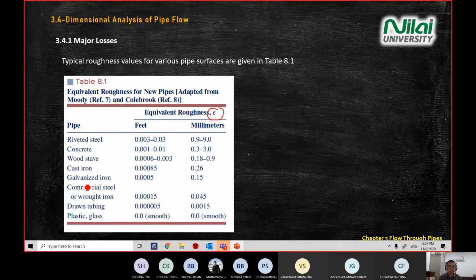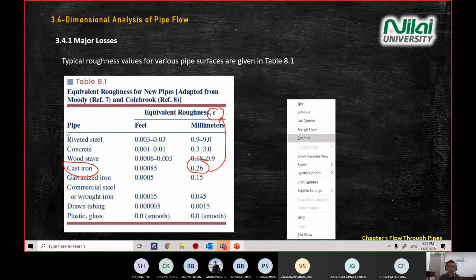For example, in a question you have a horizontal cast iron. Then straight away, you use the 0.26 value for equivalent roughness. All right, this one is fixed already. All the values in this table help you to straight away substitute the known values in the equation later on.